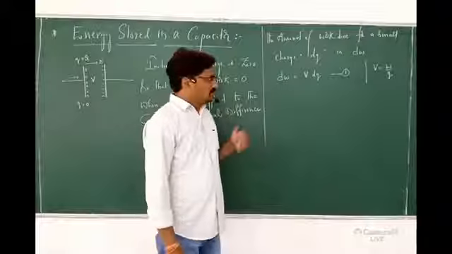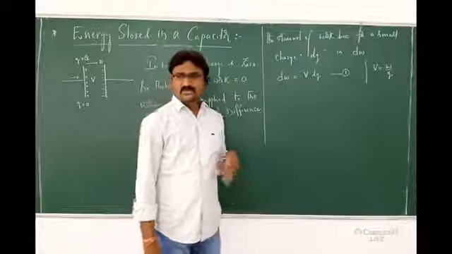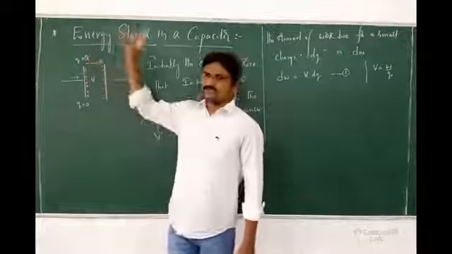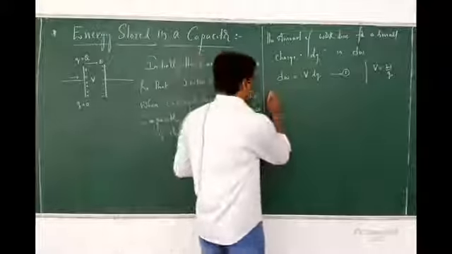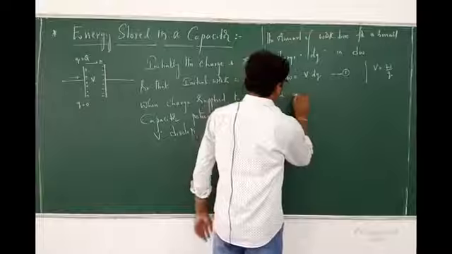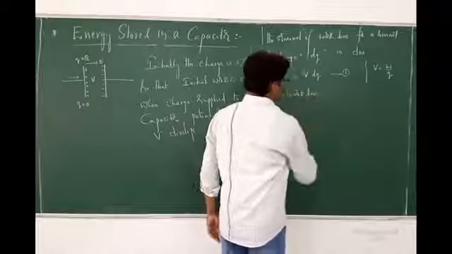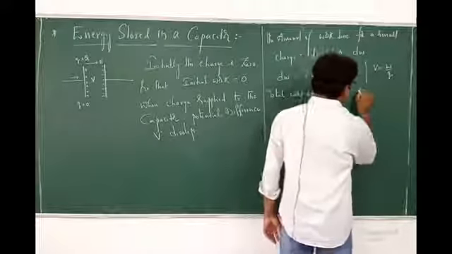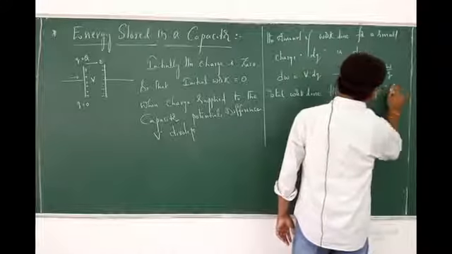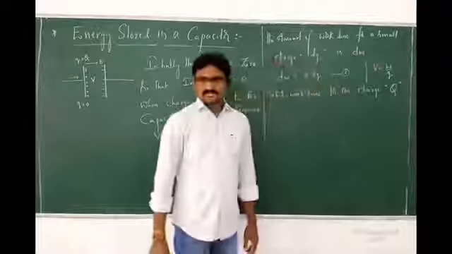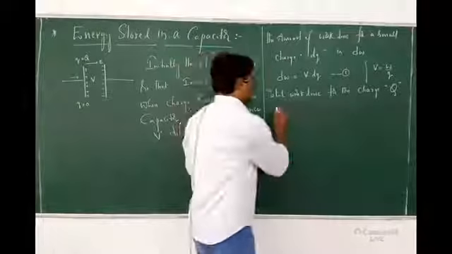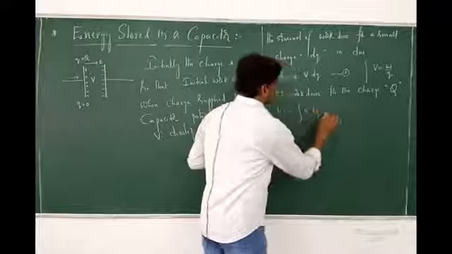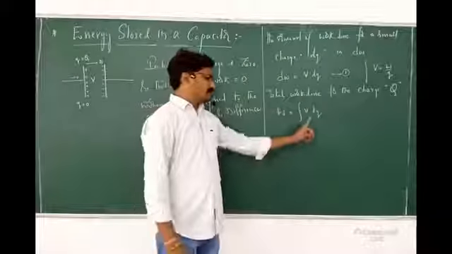Now I have to get the total work done for the charge from Q equal to 0 initially to the total capital Q. W is equal to the integral of V dq.